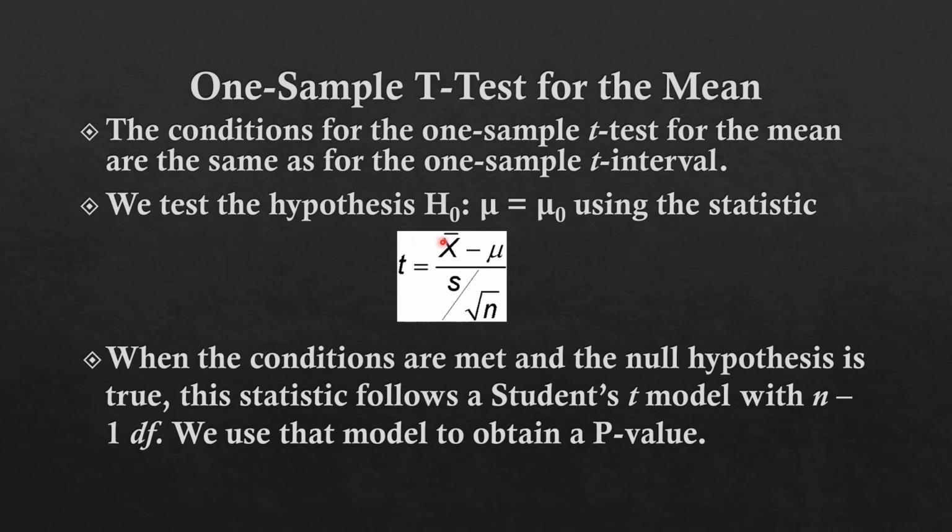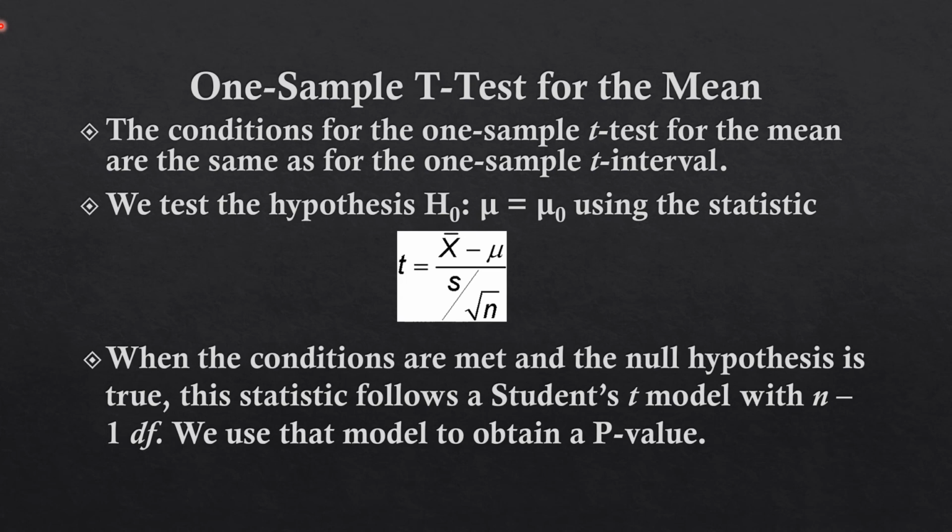What we do in our hypothesis is, in our null, we always claim that the mean is equal to something, and then we say, is it less than, greater than, or not equal to? Just be aware that when you get to the step of plugging this into your calculator, you will have to define how many degrees of freedom there are. It'll ask for df, and df, again, is just your sample size minus 1.